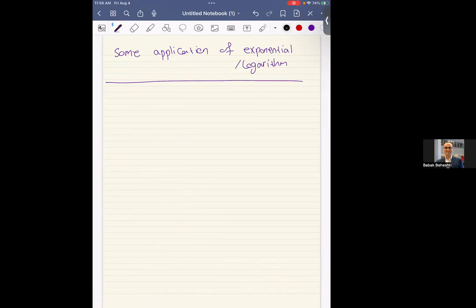So one important application is logarithmic scales.